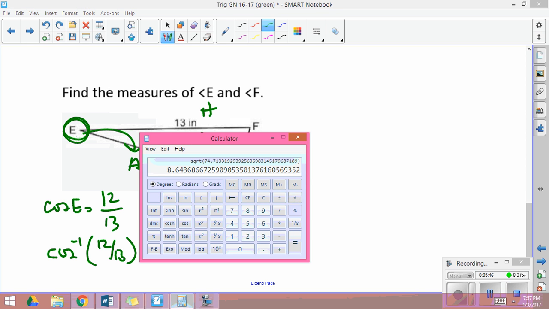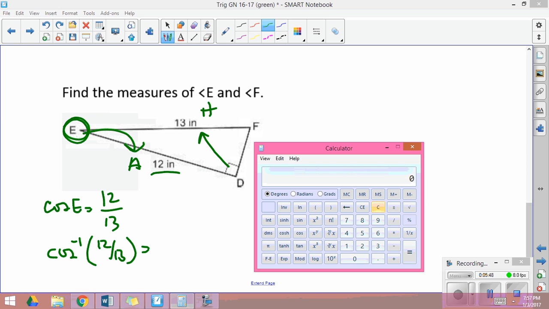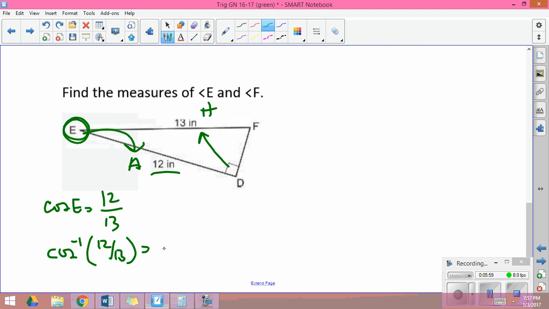So if we go to our calculator and we do 12 divided by 13, and then we do inverse cosine, we find out that this is a 22.6 degree angle. Now we could subtract from 180 to find F, or just for practice, let's see.